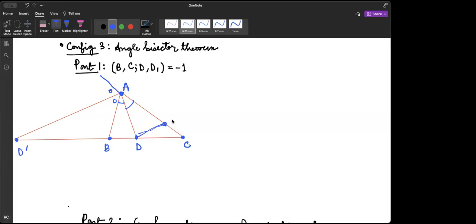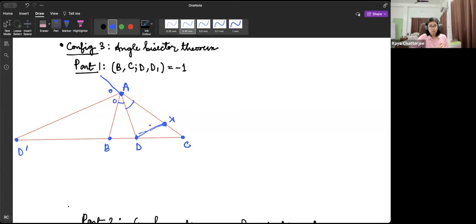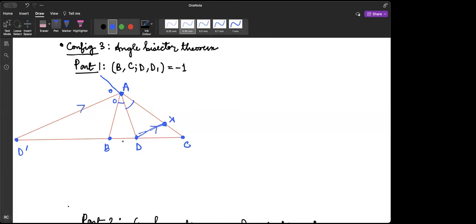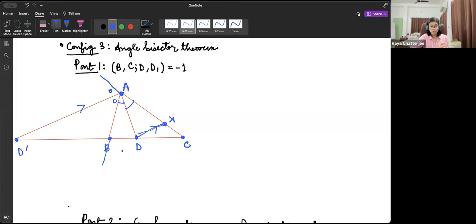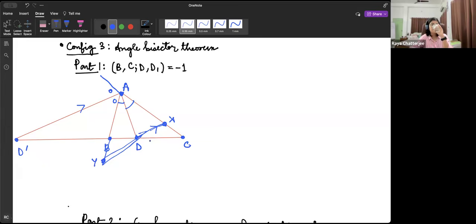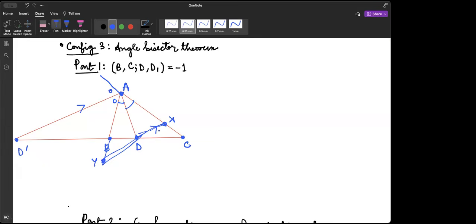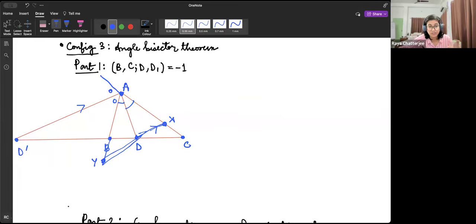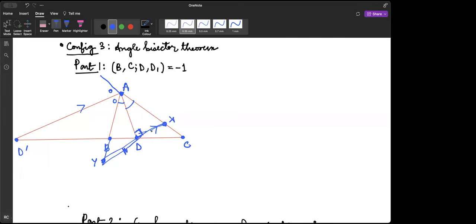Let's say it meets AC at X and it meets AB at Y. So we're going to get that ADX is 90 degrees. Sorry, I meant ADX, not CDX. Sure, ADX is 90, yes. And the rest is just finding similar triangles and sine rule chasing and all.